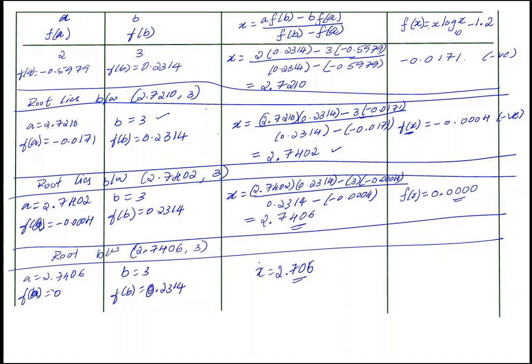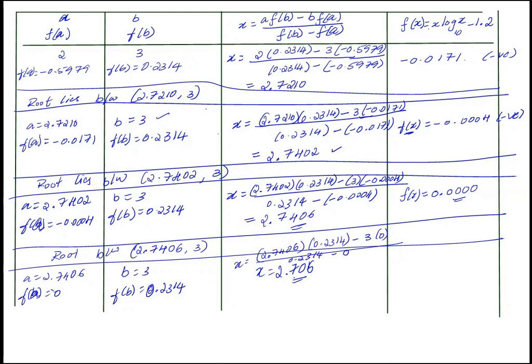0.2314. So x value is 2.7406 into 0.2314 minus 3 into 0 divided by 0.2314 minus 0.